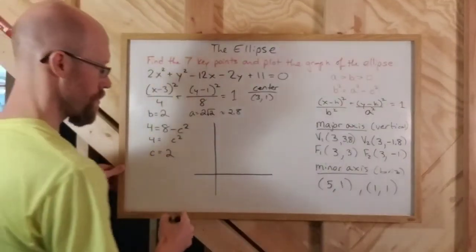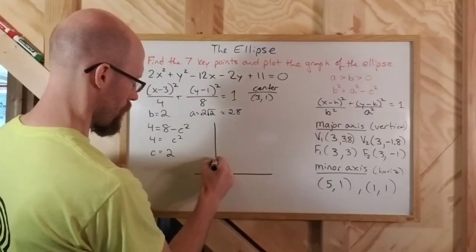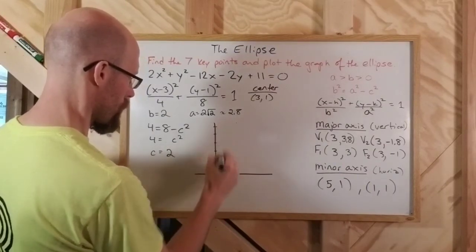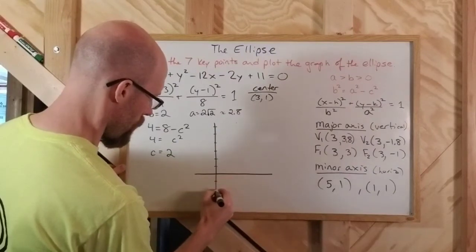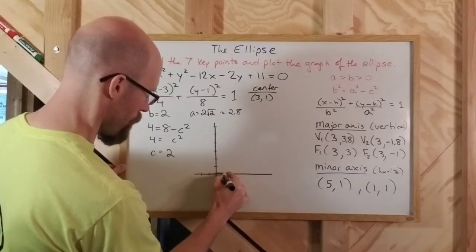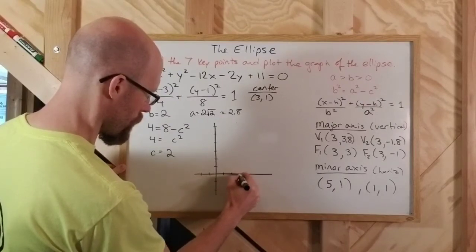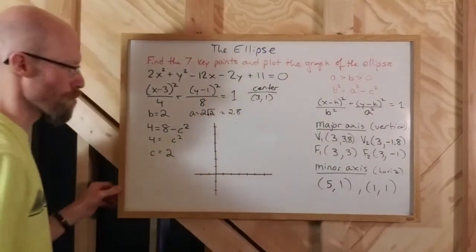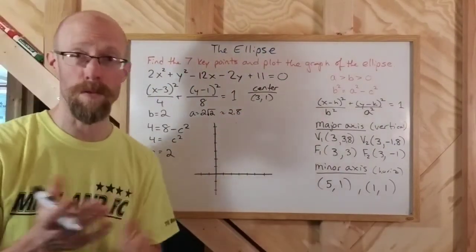Alright, let's go 1, 2, 3, 4, 5, 6. That should be plenty of space, maybe too much again, we'll see.